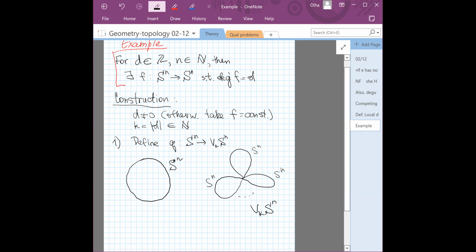This is going to be a quotient map, meaning that we choose k disjoint balls in Sn, and everything but those balls gets contracted into one point.